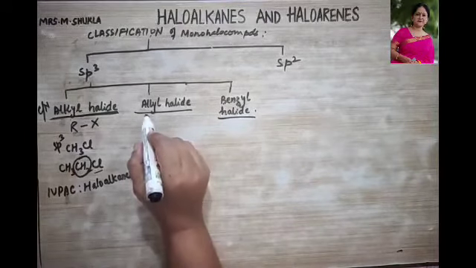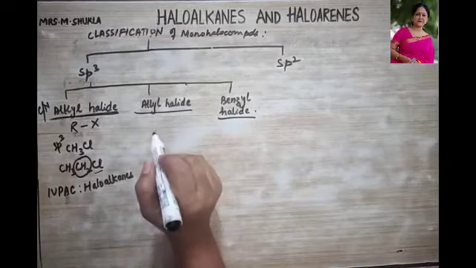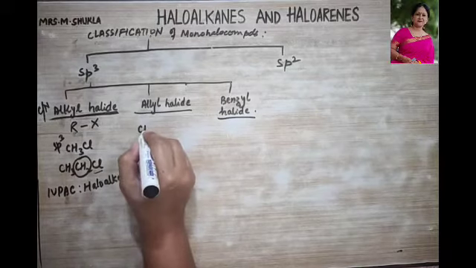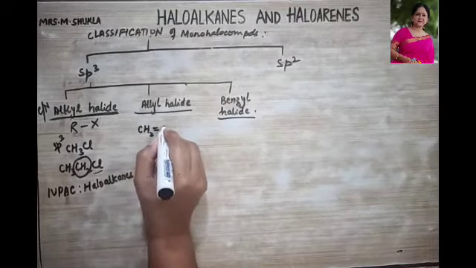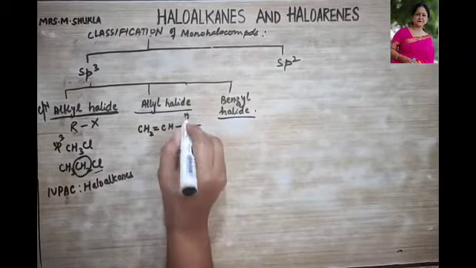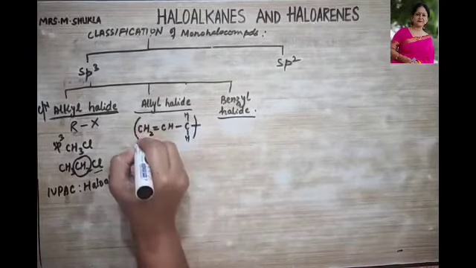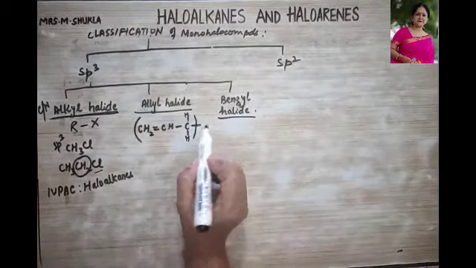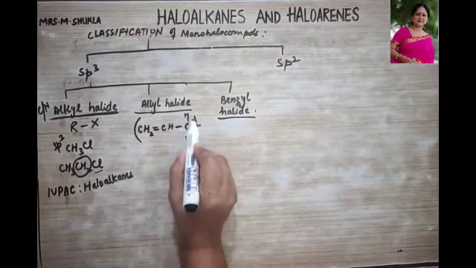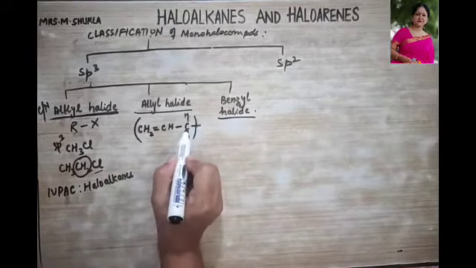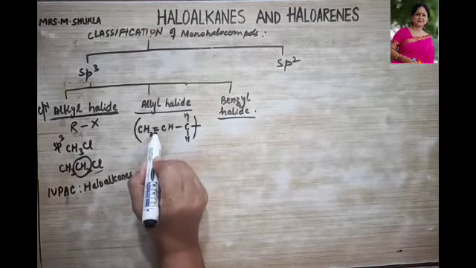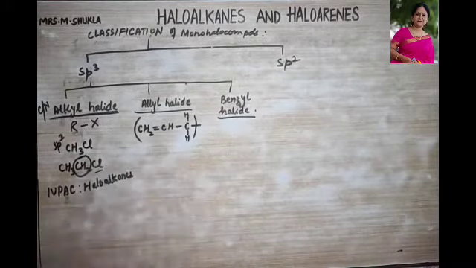Now let us talk about allyl halide. By allyl halide I mean, first look at the formula: CH2=CH-CH2-X. This is your allyl halide, where the halogen will attach itself to the Sp3 hybridized carbon, and this carbon is further attached to the neighboring carbon which shows Sp2 hybridization.